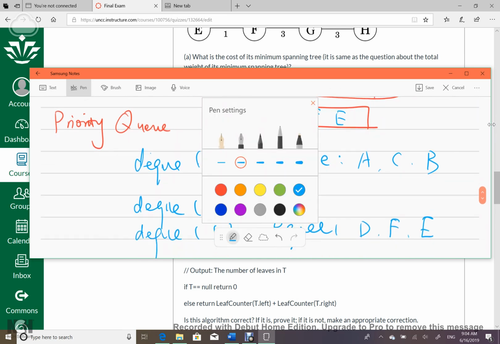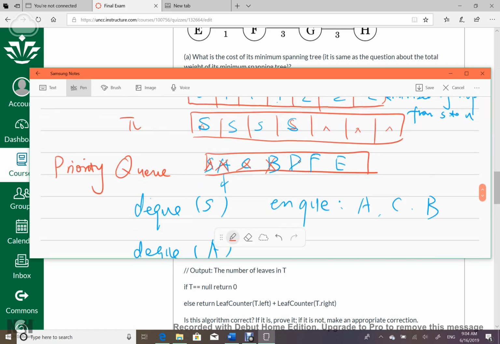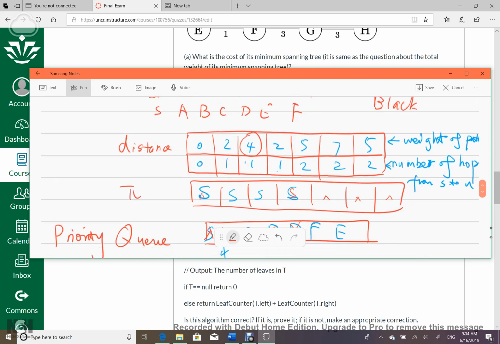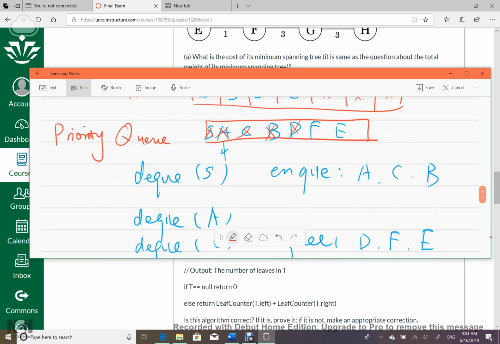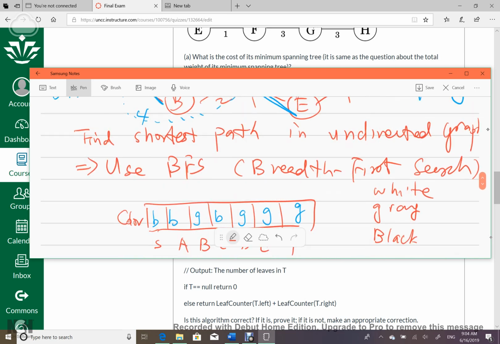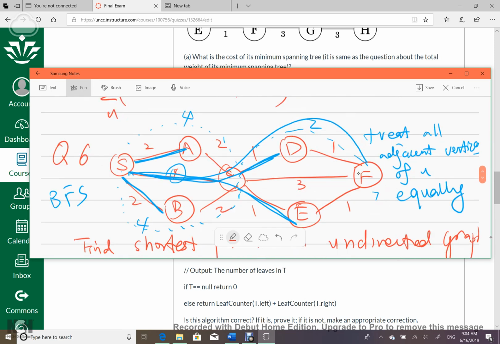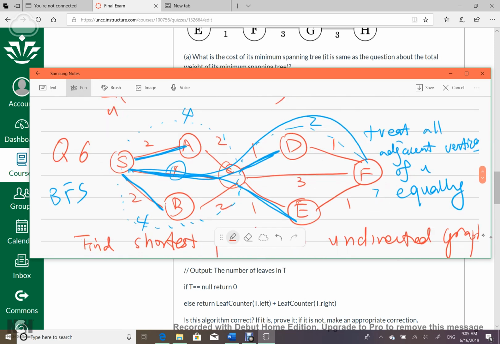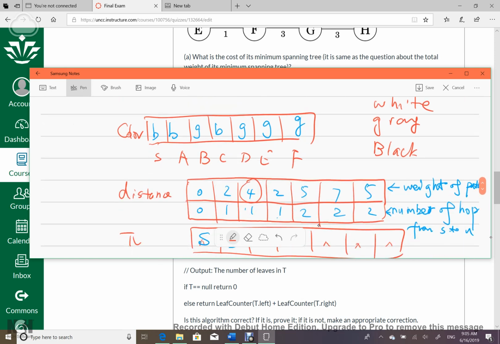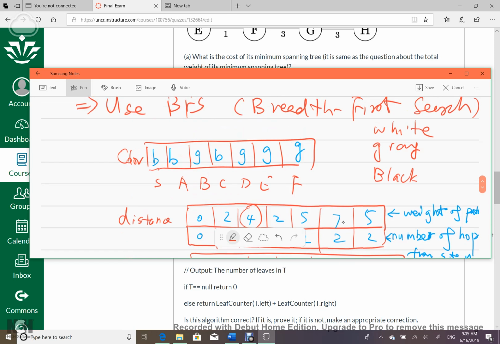So now you DQ D. When you DQ D, at the same time, you also change these numbers, right? And when you DQ D, then you check for here, and from what you have at this number, go to the D, 5 plus 1, then in that case, you want to change to be 6, right?